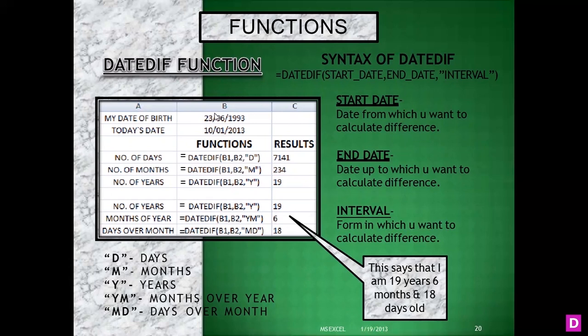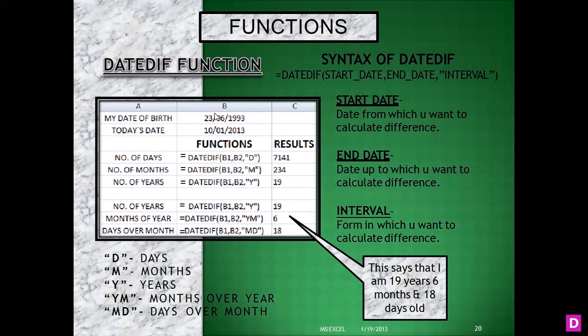For the number of years, Y, then months after years. Months after years is what? YM. And after these months are completed, we will use MD. After completing this year, how many months are completed?